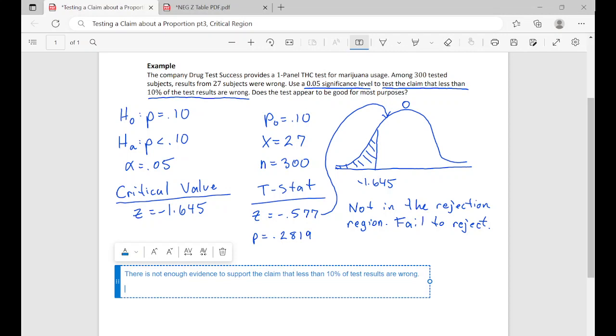So I would say that the sample results suggest the test is wrong too often to be considered reliable. Even though it's 27 out of 300, that's just a little bit too much for my liking.